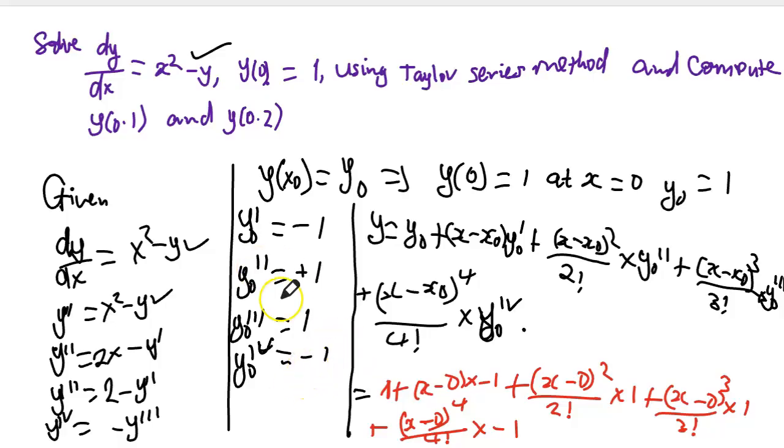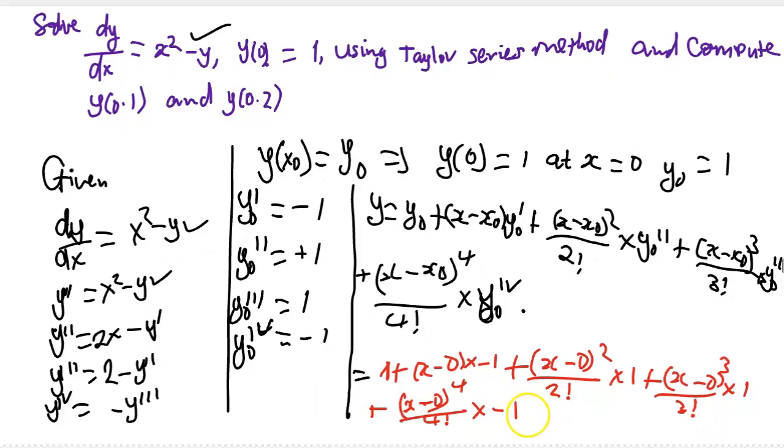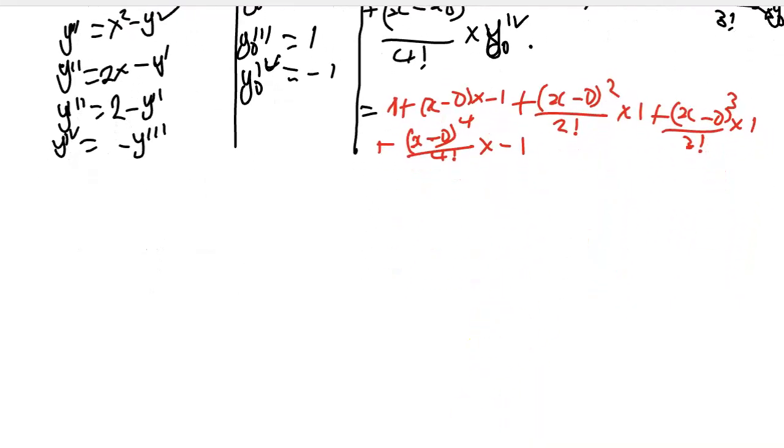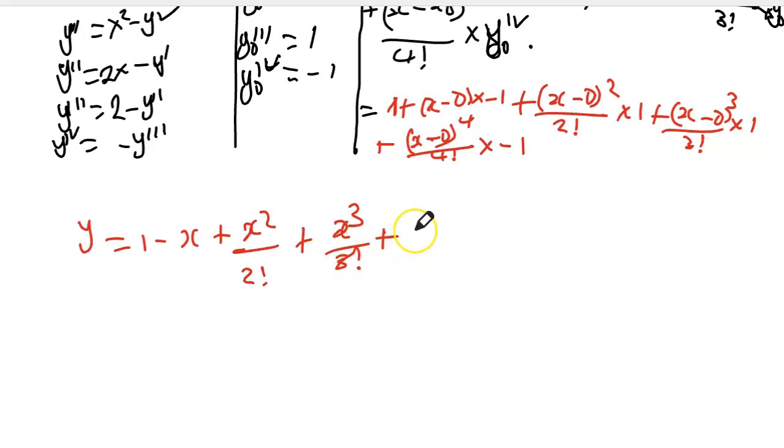So now you can simplify this. If I simplify this, I will get y equals 1 minus x, plus, since x minus 0 is x, we simply have x squared divided by 2 factorial, plus x cubed divided by 3 factorial, plus the last one, which is negative because of the negative sign that we have.